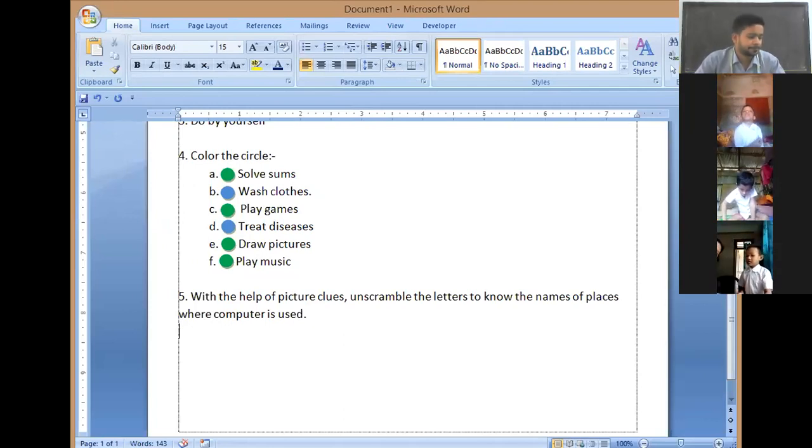Now A. NVK A, isn't it? It is bank. Number B. So what will it be?